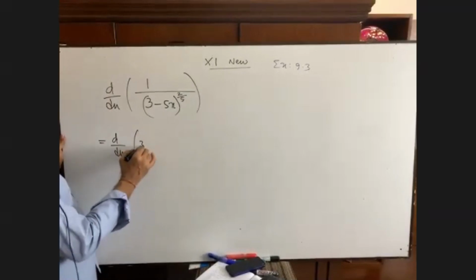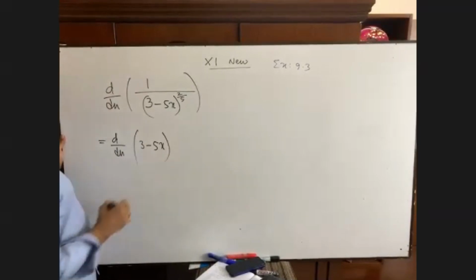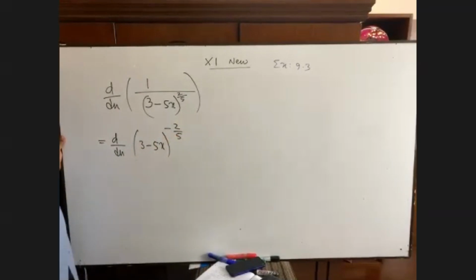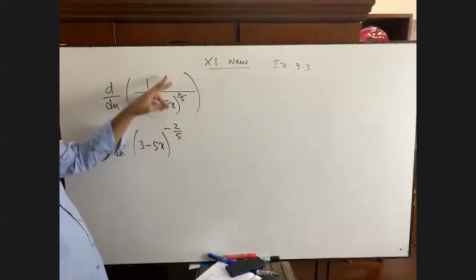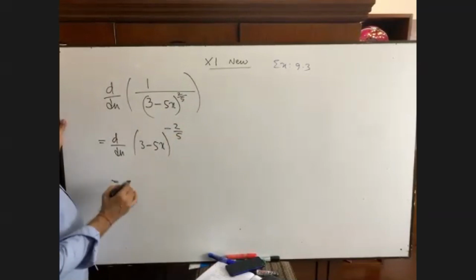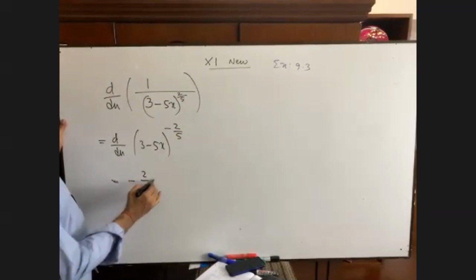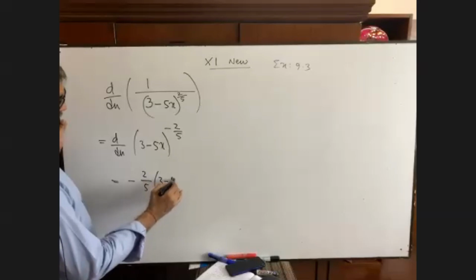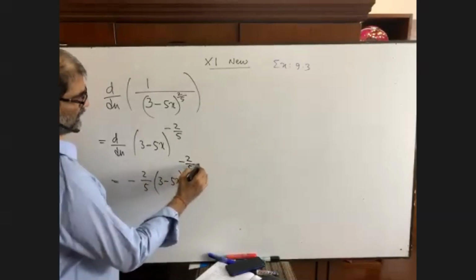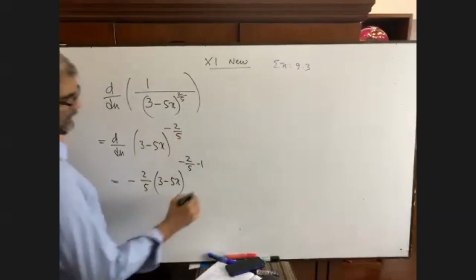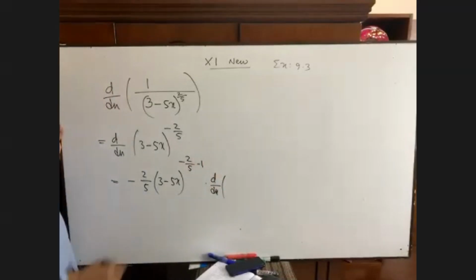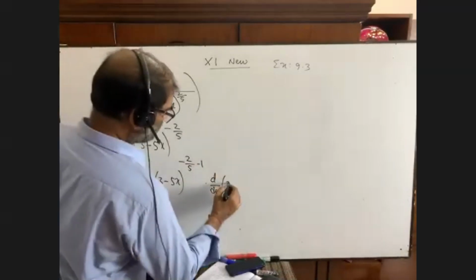So we are getting here (3 minus 5x) to the power minus 2 by 5. It is in the denominator, so now it is in the numerator. There is no square root anyway. So we are getting here minus 2 by 5 (3 minus 5x) whole to the power minus 2 by 5 minus 1. Then again it is to be differentiated, 3 minus 5x.